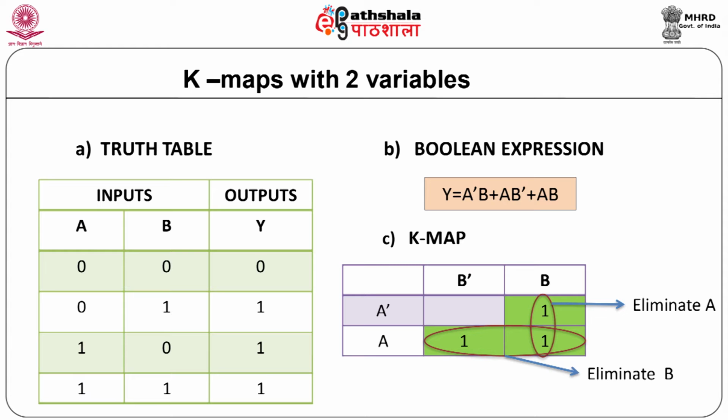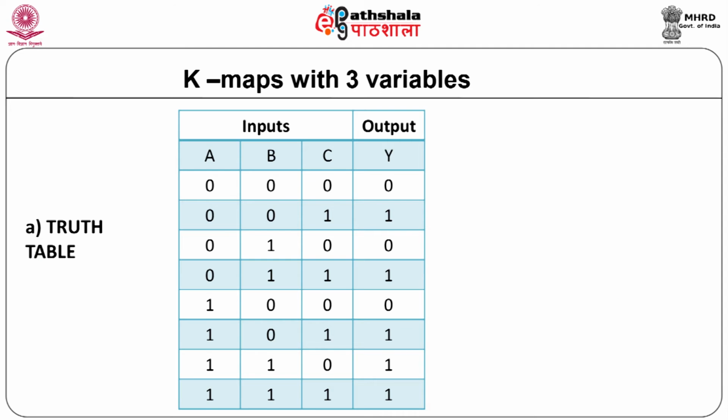Similarly, from the second pair, B is eliminated and A remains in the term. After eliminating variables, the simplified Boolean expression is Y is equal to A or B. This is the way we can simplify the K maps of two variables. Let us implement a method of simplifying Boolean expression using K map of three variables.